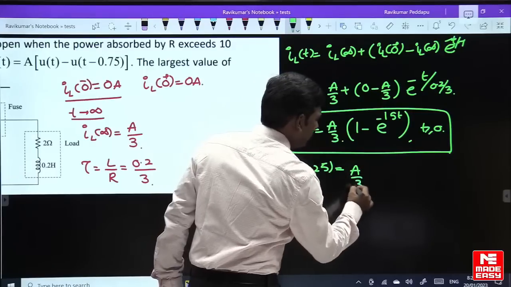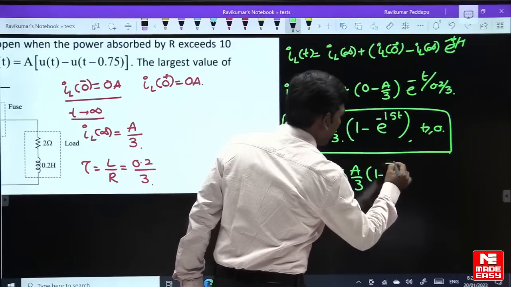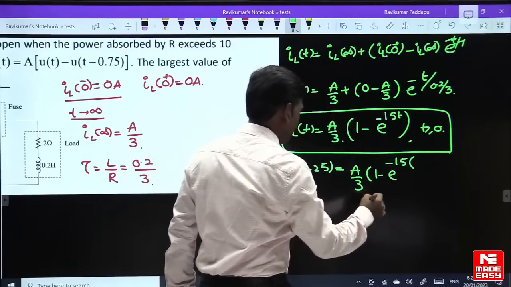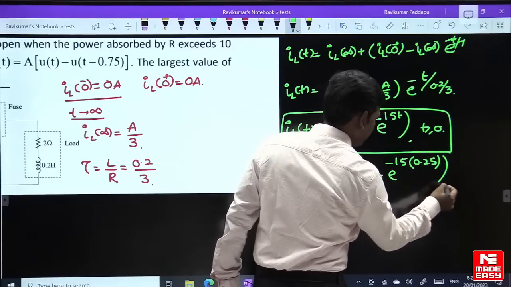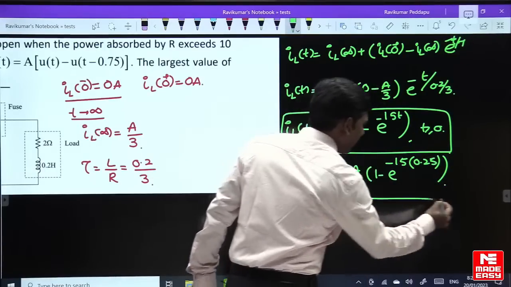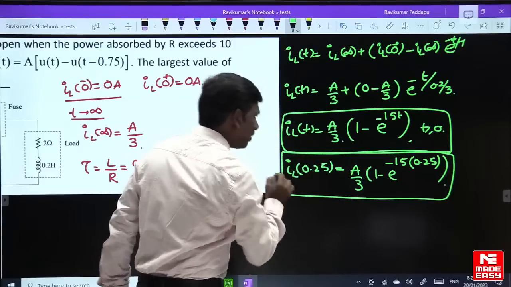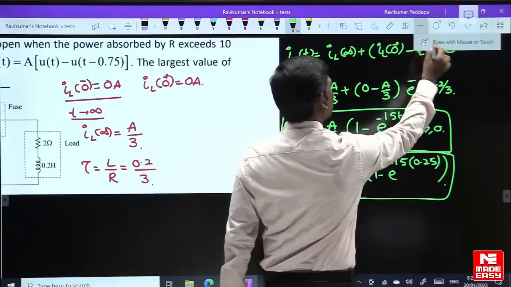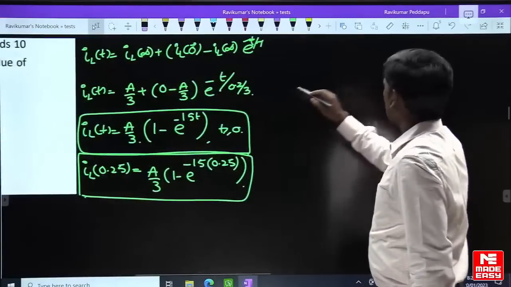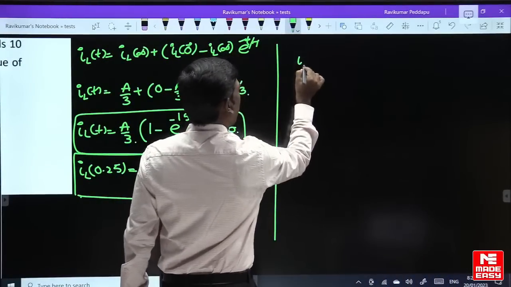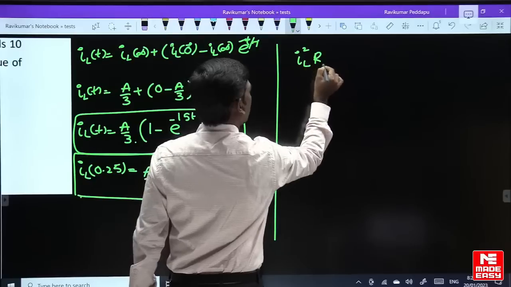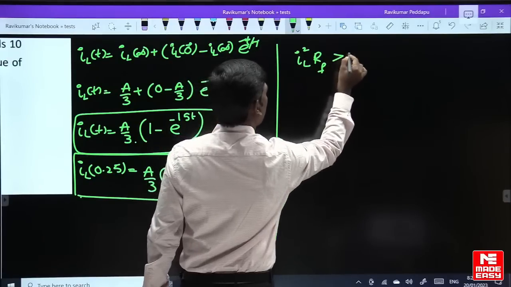At t is equal to 0.25, it is A by 3 into 1 minus e power minus 15 into 0.25. This is the current value. The power should not exceed 10 watts, that means IL square into R of the fuse is not greater than 10 watts.